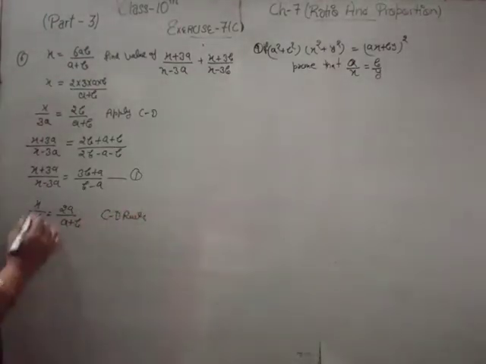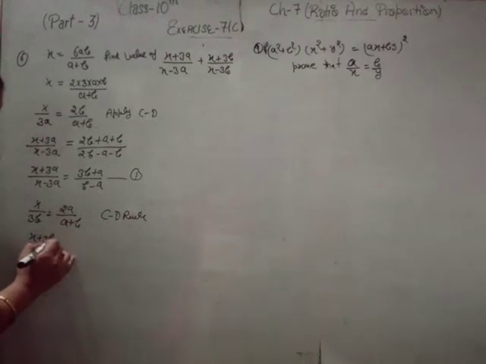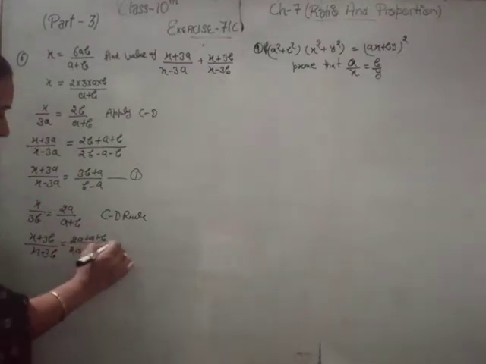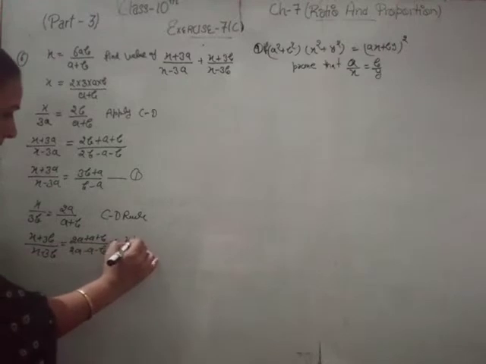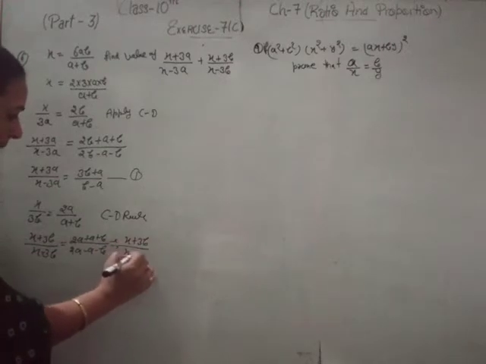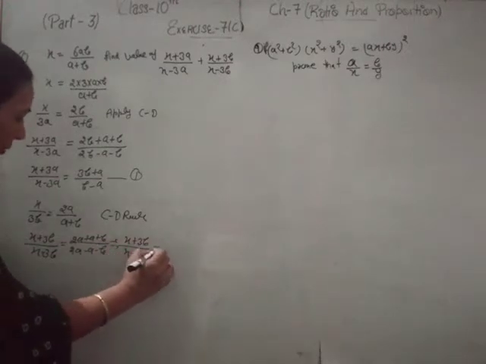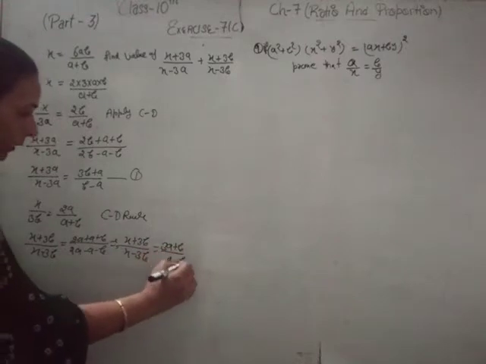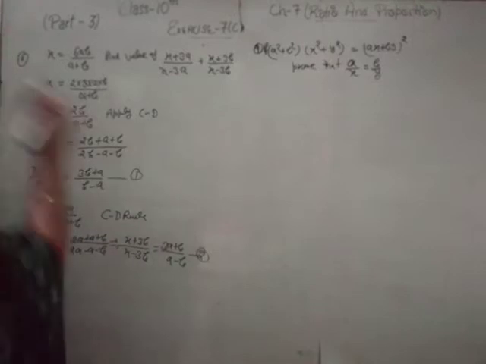Okay, then (x plus 3b)/(x minus 3b) equal to (2a plus b)/(2a minus b), and this equal to (x plus 3b)/(x minus 3b) equal to (3a plus b)/(a minus b). Okay, and this is part number 7.